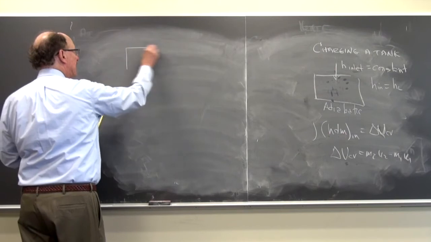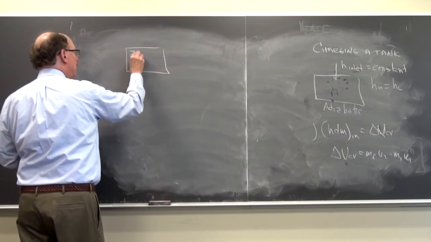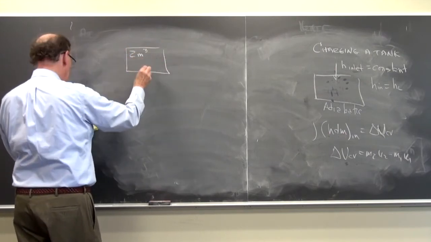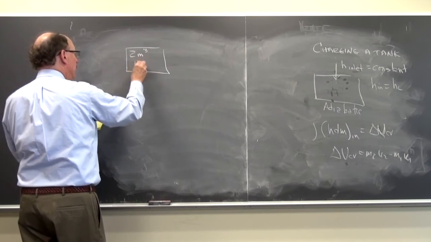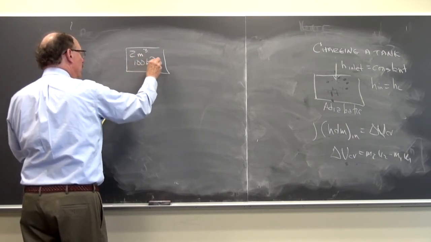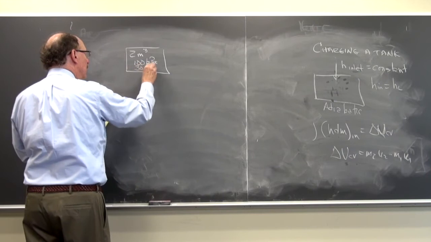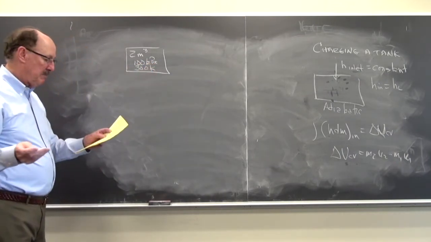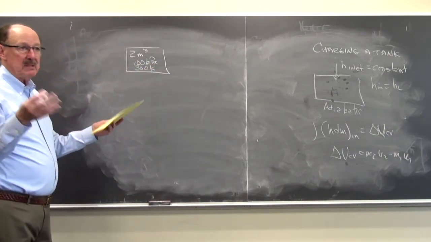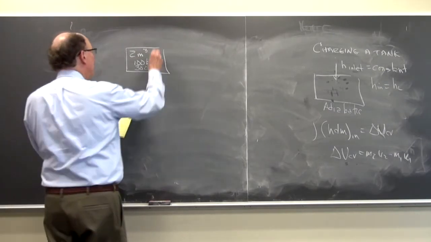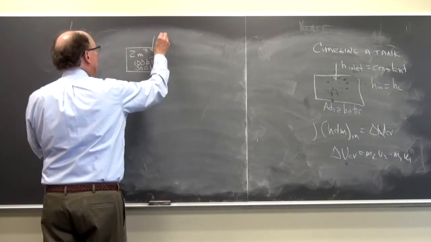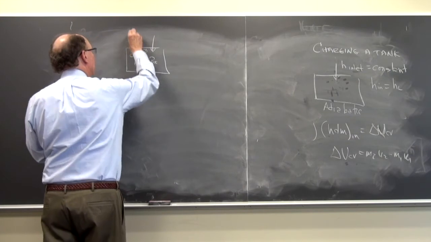So we're going to charge the tank. We'll let the tank be 2 cubic meters, 100 kPa, 300 K. So this is like a tank at room temperature conditions. We're going to have a valve. We're going to be charging it with air. Again, this is all air.